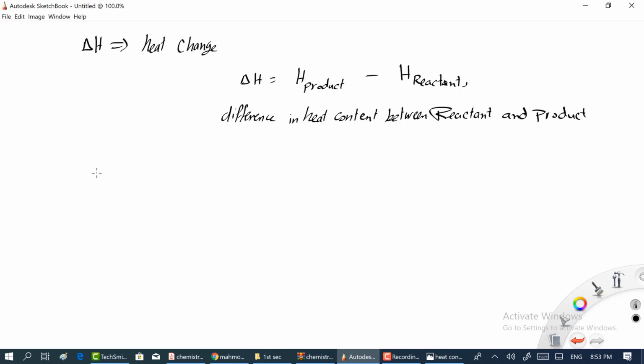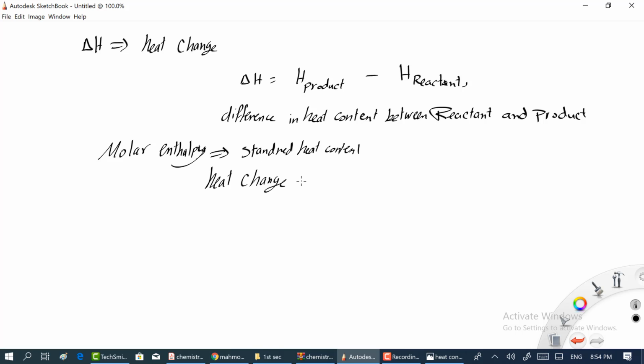As we said before, molar enthalpy or standard heat content means the heat change for 1 mole of the substance.